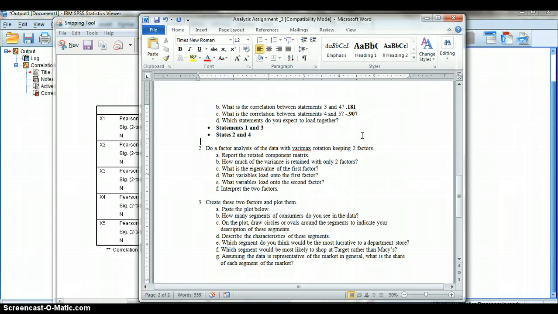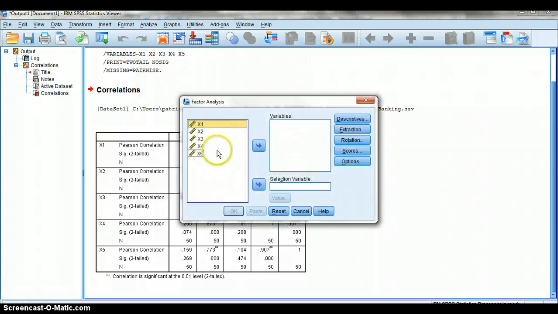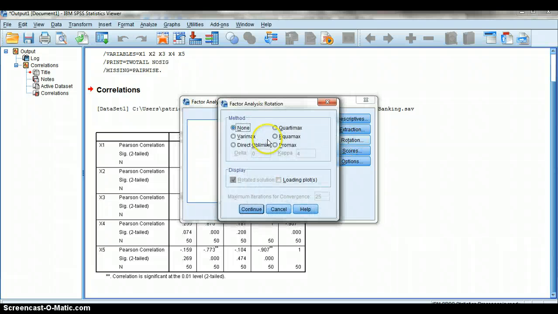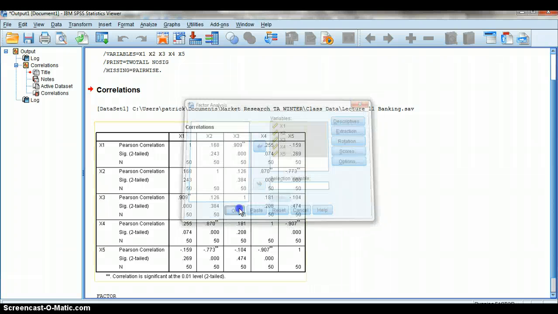Okay, number 2, do a factor analysis of the data with Varimax rotation, keeping 2 factors. So let's analyze, dimension reduction, factor. Load all 5 in, rotation, Varimax. We don't have to change anything else.